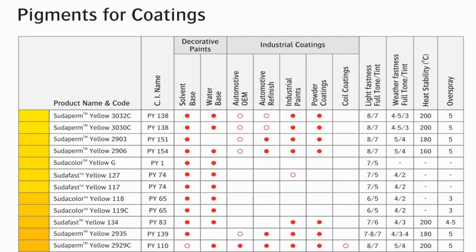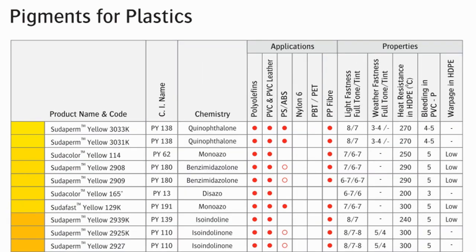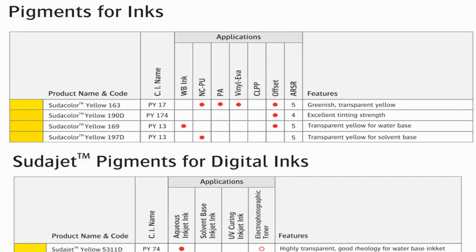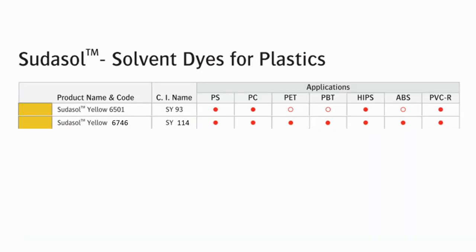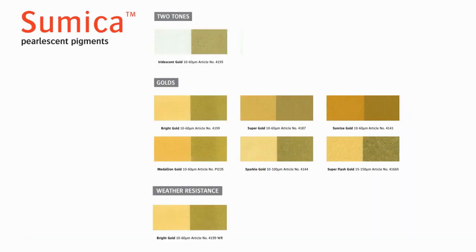Just a quick view of the yellow pigments for coatings, and these are all in our brochure as well as on the website. Pigments for plastics, pigments for inks and digital inks, our CICPs for both coatings and plastics applications, solvent dyes, and mica effect pigments. So these are all present and all available.